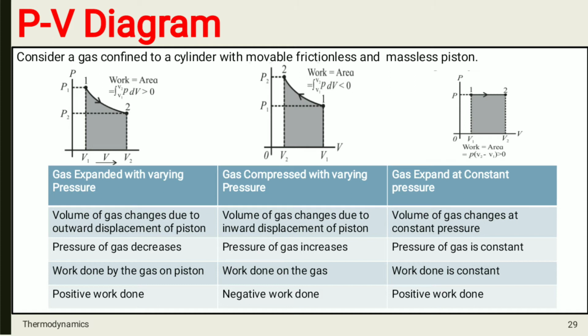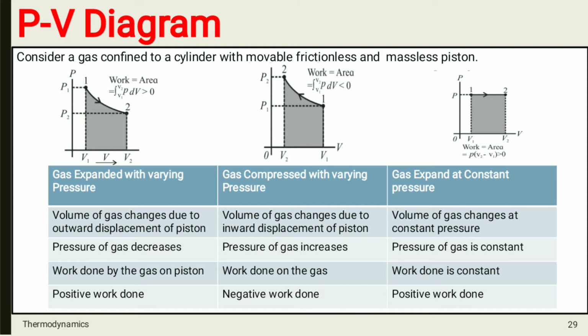We can calculate work done by the formula P into (V2 minus V1), which is greater than 0, or work done is equal to the area under the curve. Now for any thermodynamic system or process, if volume of gas is constant, then there will not be any work done. So work done will be 0 due to no displacement of the gas, or you can say the piston.